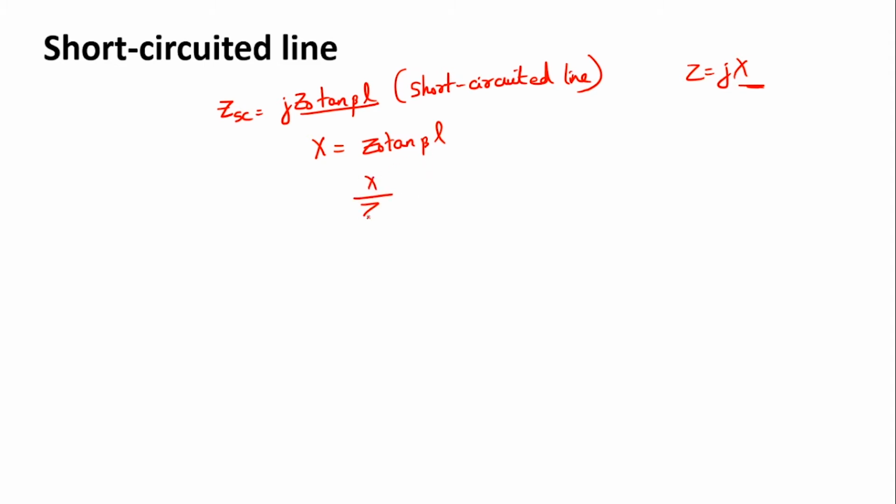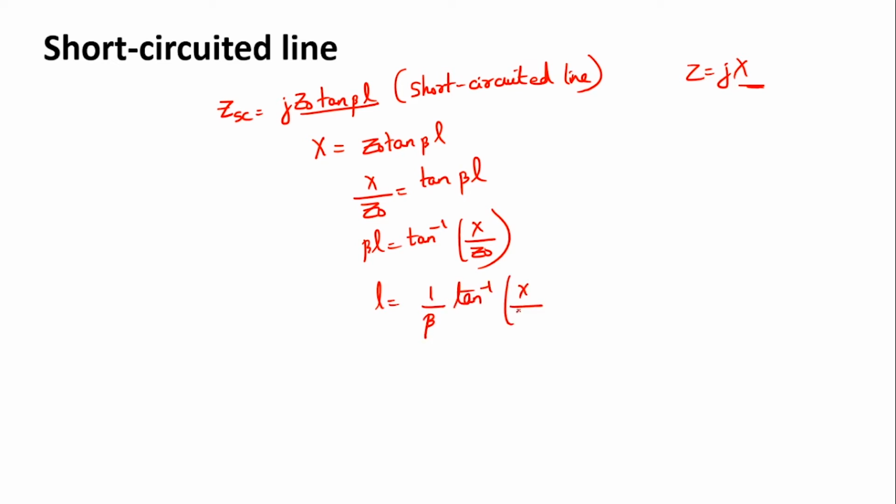So X by Z0 is equal to tan βl, and tan inverse of X by Z0 is equal to βl. βl is equal to tan inverse X by Z0, and what we need is l. l is equal to 1 by β tan inverse X by Z0. This is the equation for the length of the transmission line.